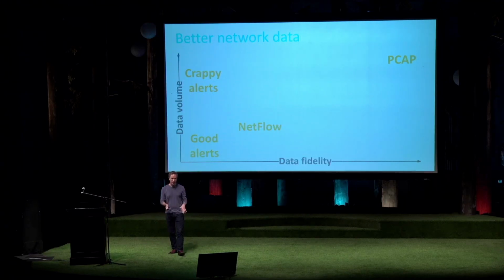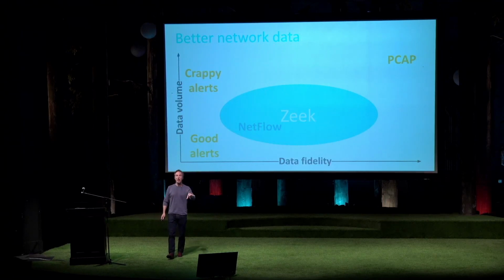And the beauty of Zeek is that it sits all over the place in there because you get to decide how you want that to be. And because you write code that defines how you collect the data, it also means that it isn't fixed. So for example, you can start collecting network logs that are pretty coarse, relatively abstract.